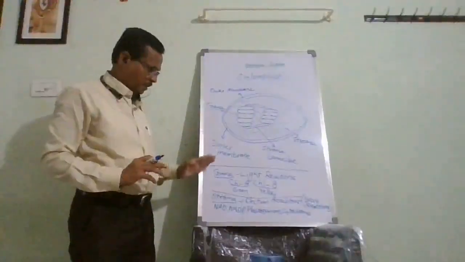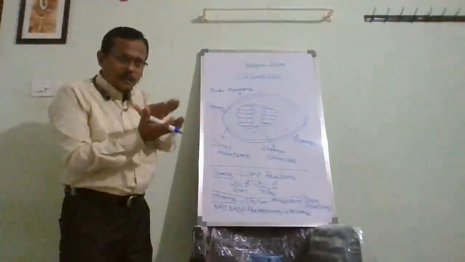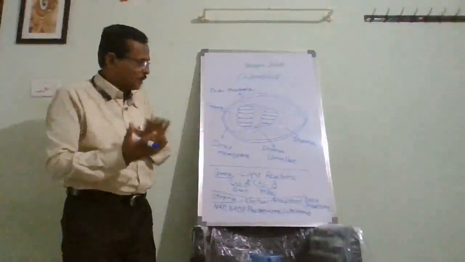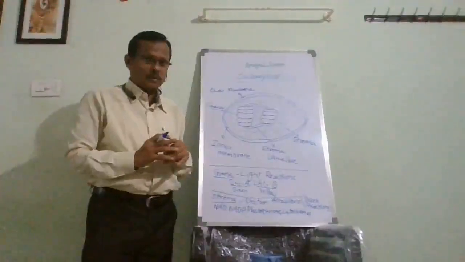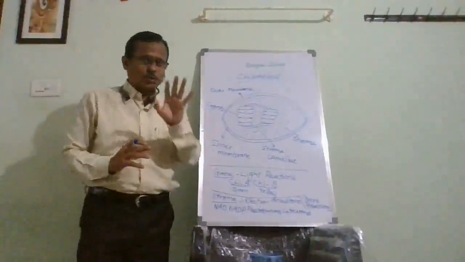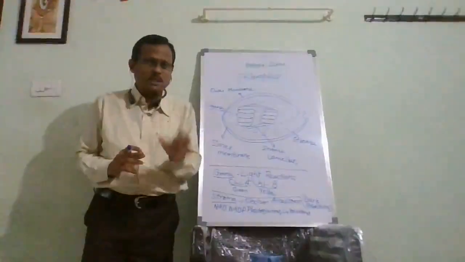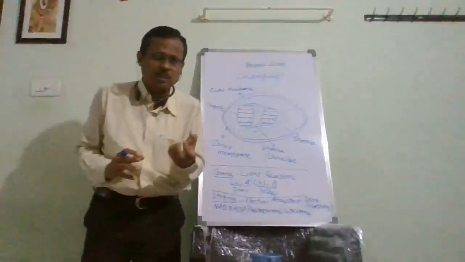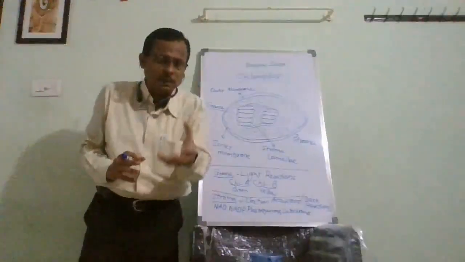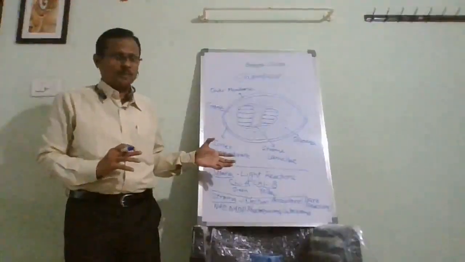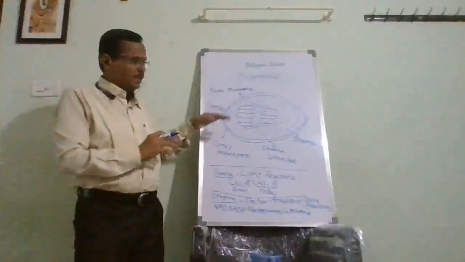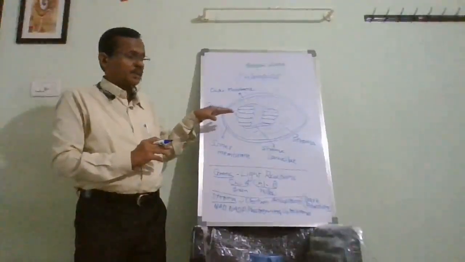Grana are the thylakoids piled up one over the other, interconnected by stroma lamellae. These contain chlorophyll A and chlorophyll B pigments, which initiate the process of photosynthesis by absorption, leading to the excitement of chlorophyll molecules. Then it ends up in the light reaction.